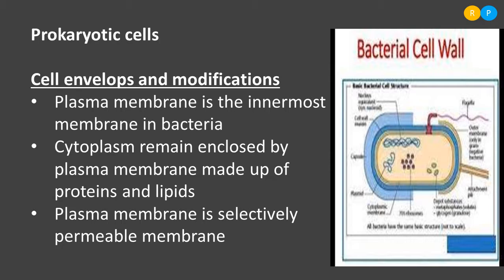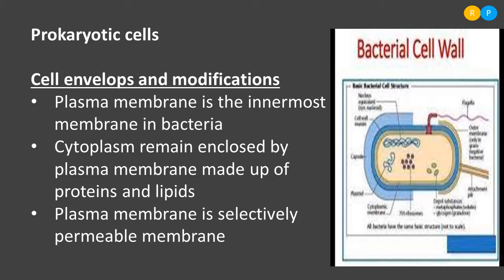So this membrane is very essential to the bacterial cell. Without the plasma membrane, there is no proper movement of material in and out because it is very selective. It selects the needed material to go inside and allows unwanted waste material outside the cell. Because of this, the plasma membrane is called a selectively permeable membrane.